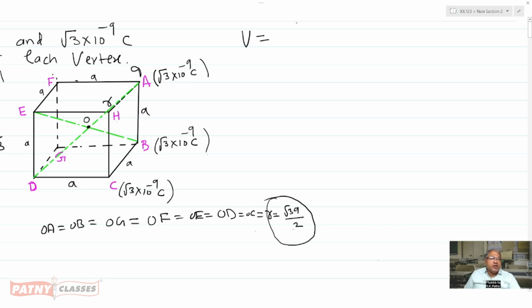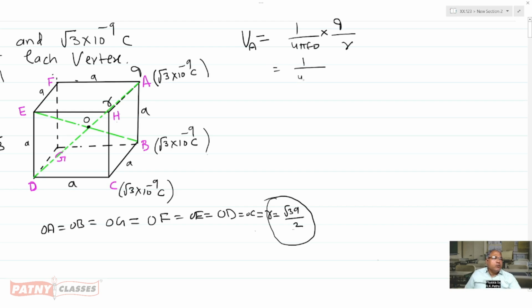Now suppose we place a charge Q, then what will be the potential? Let us say potential equals 1 upon 4 pi epsilon naught into Q upon R. This is the potential at the point O due to the charge placed at the point A. We can later on remove this suffix.